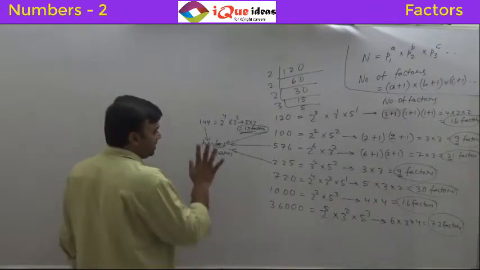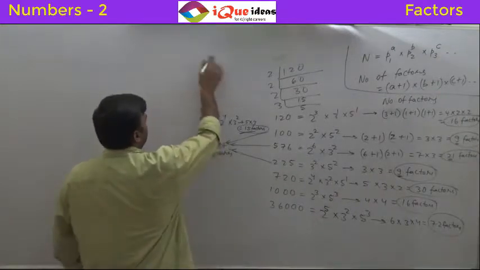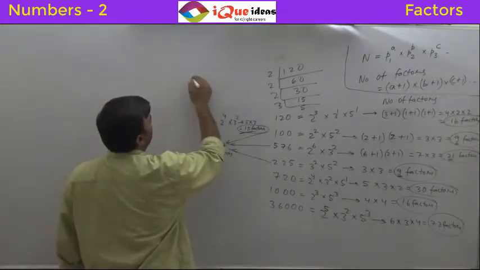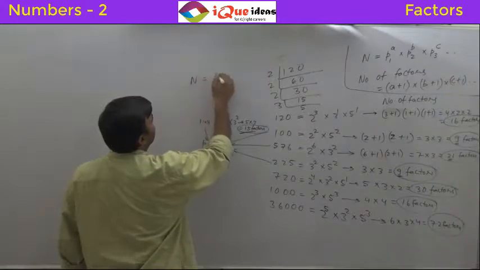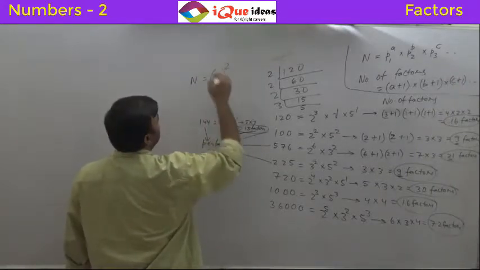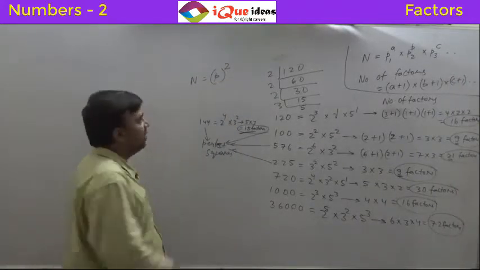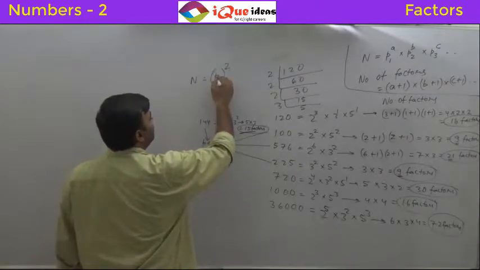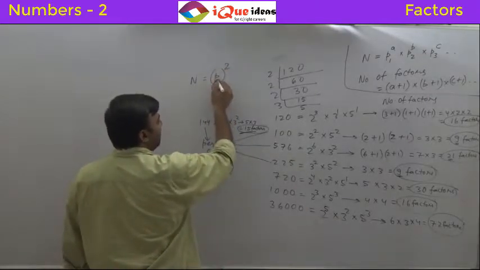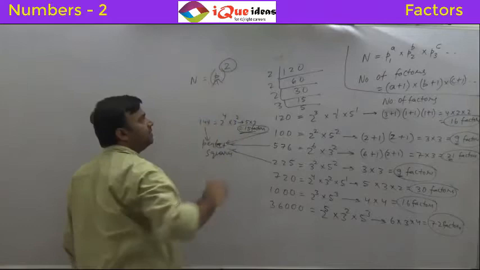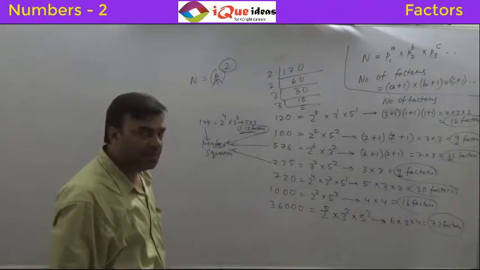Just understand that any number which is a perfect square can be factorized like this, p to the power 2, something to the power 2. So if p can be further factorized, in any case each prime factor here will have a power which will be a multiple of 2, hence an even number.